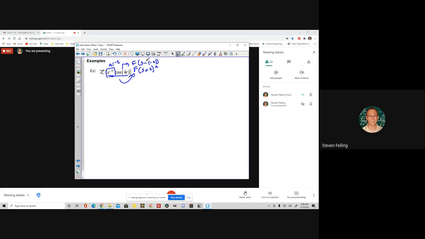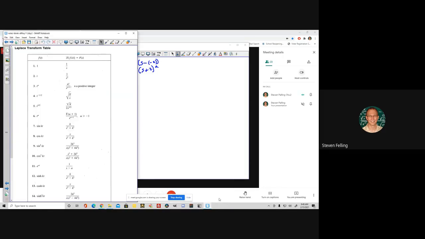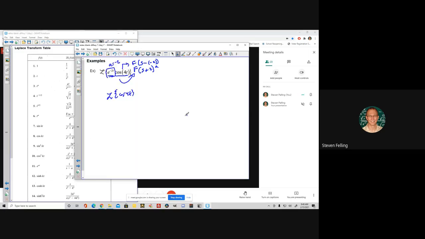So now let's deal with the Laplace transform of cosine 4t. We can refer to our table here, and for cosine, it's s over s squared plus k squared. So this is going to be s over s squared plus 4 squared, which is 16.